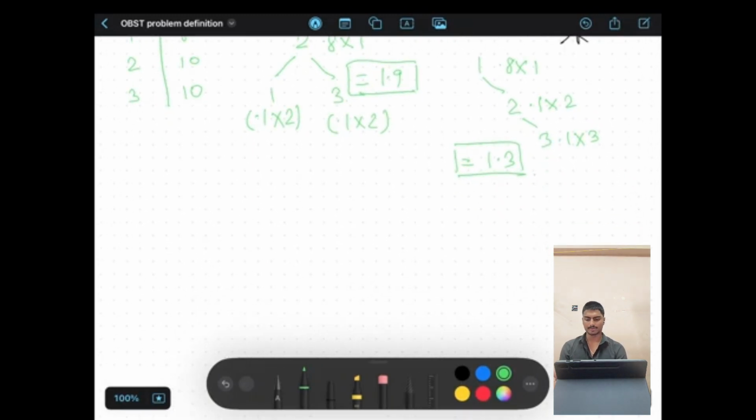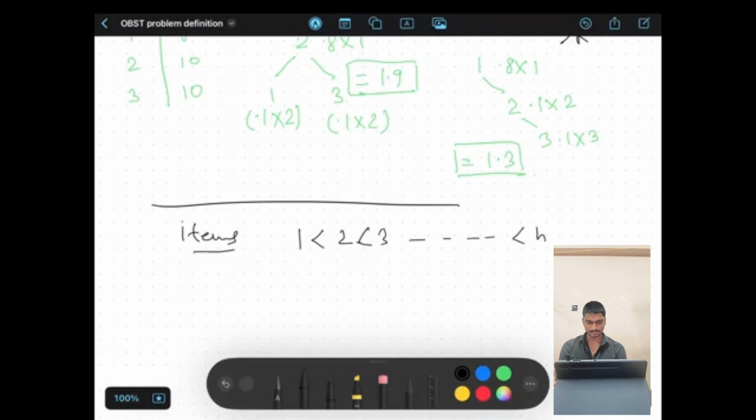We have items 1 smaller than 2 smaller than 3 till n, that is 1 to n, with their probabilities p1, p2, p3, p4, pn.